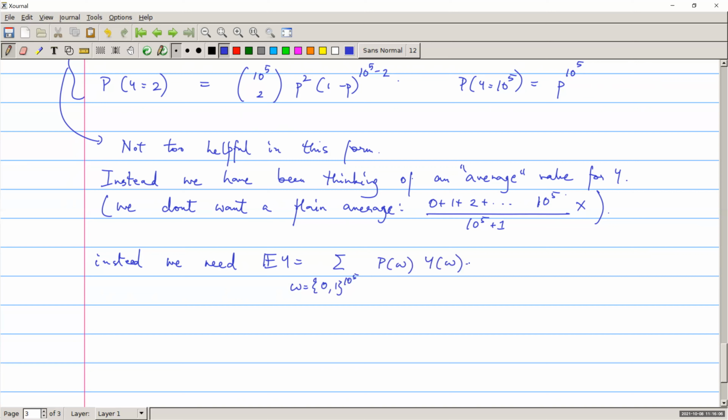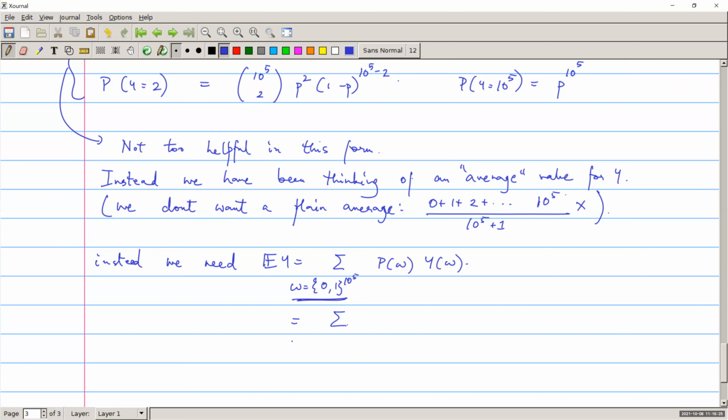But when you think about this, we'll do this simplification without proof, but it's something you can figure out easily by thinking about it. Instead of always summing over the outcomes of the universe, you can choose to sum over the values a random variable can take.